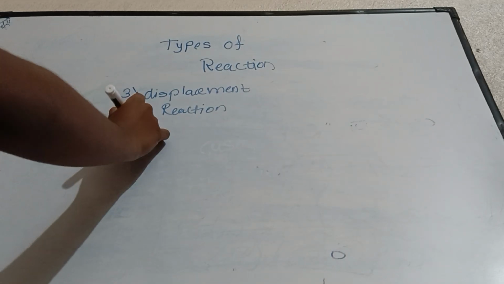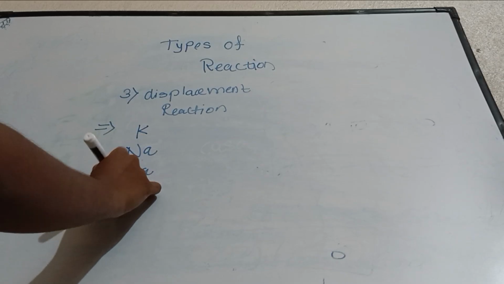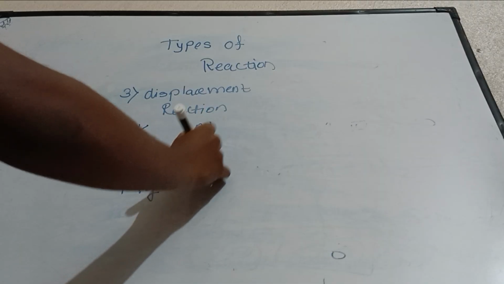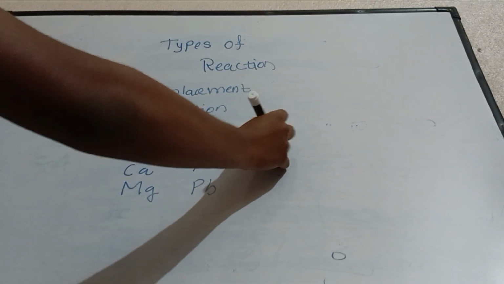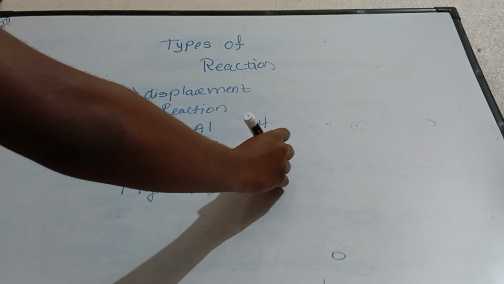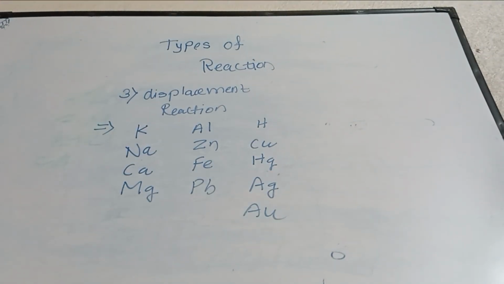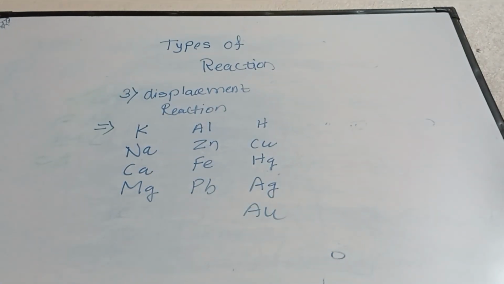So we have potassium. This is the reactivity table. All these elements come down one below the other. I don't have space here, so I have written it horizontally, but make sure to write it vertically.